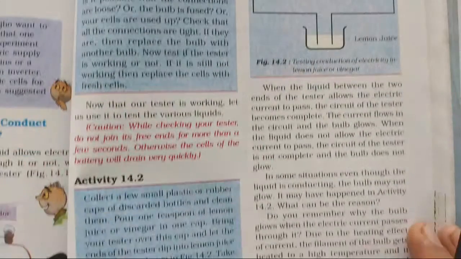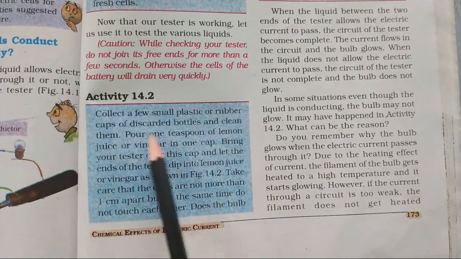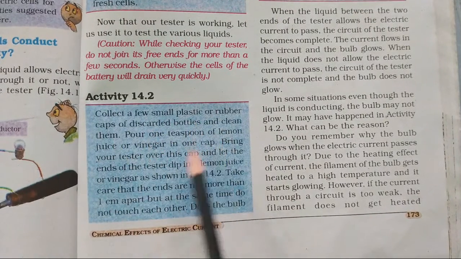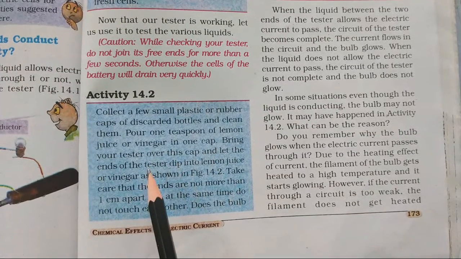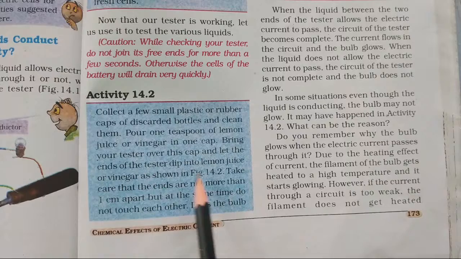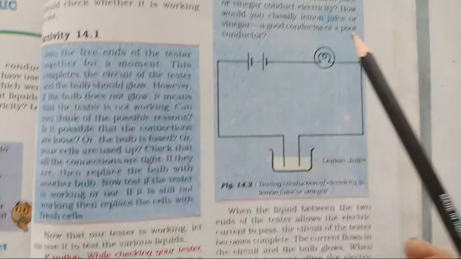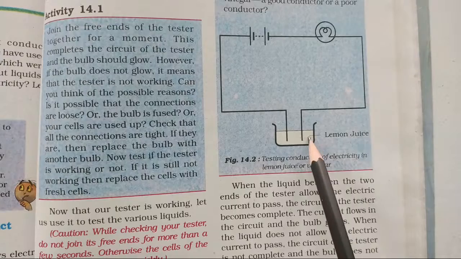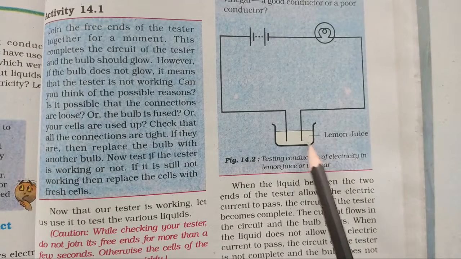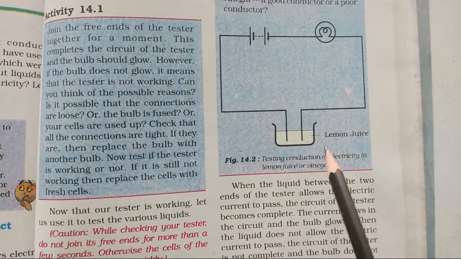Now activity 14.2: collect plastic or rubber caps, pour one teaspoon of lemon juice or vinegar in one cap and put the two wires inside the liquid. They have taken lemon juice, vinegar. You can test it with any liquid; it can be lemon juice, water, distilled water, milk, any liquid.